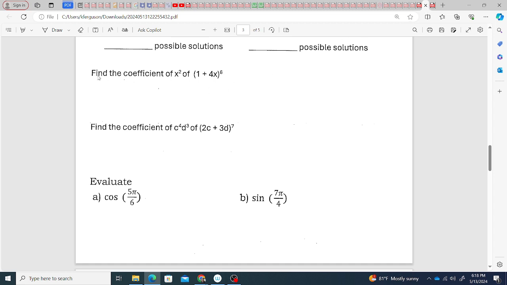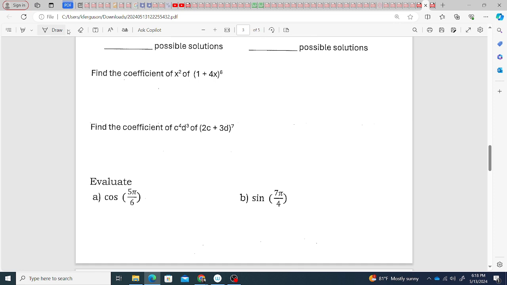So let's see. Find the coefficient of x squared of (1 + 4x) to the 6th power. So 6th power. First thing, let's remember Pascal's triangle. Remember what my basic coefficients are.